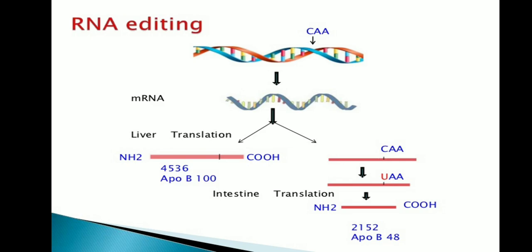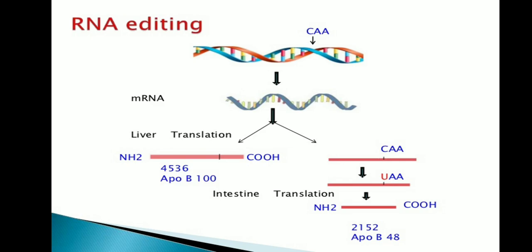This process is known as RNA editing. During RNA editing, bases can be added, deleted, or substituted. An example of RNA editing where a base is substituted is the apolipoprotein gene mRNA.